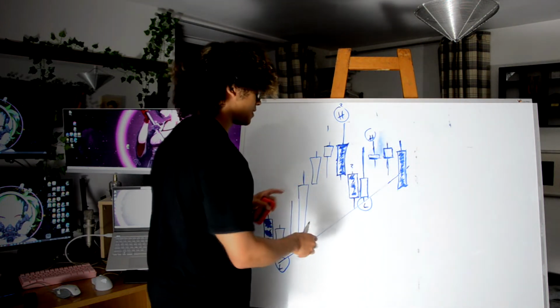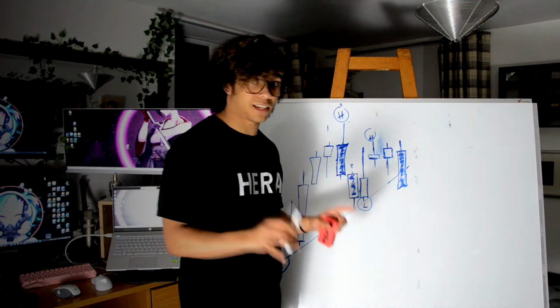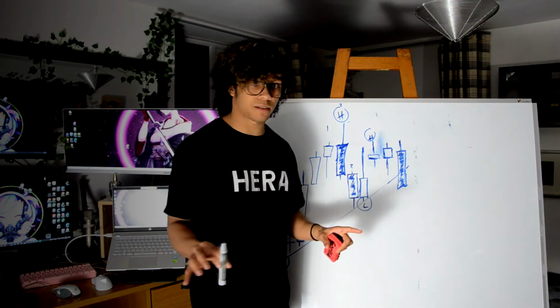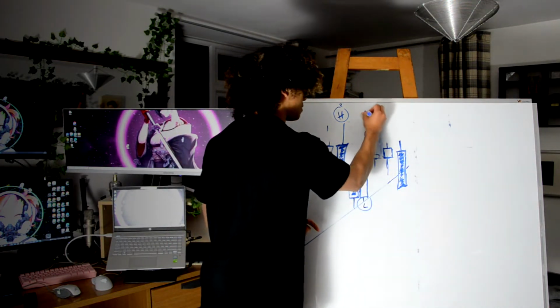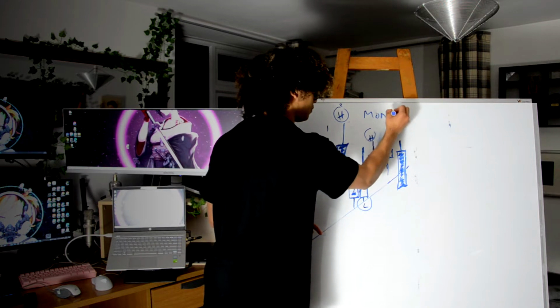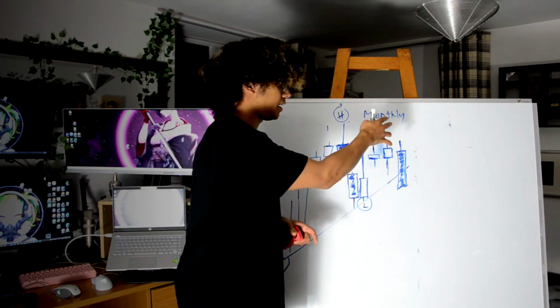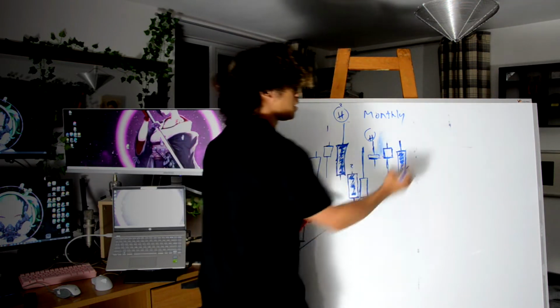Not all of these are created equal, based on where it is on the time frame. If you're on, say, the monthly chart, this chart is going to have way more precedent than, say, a minute chart.